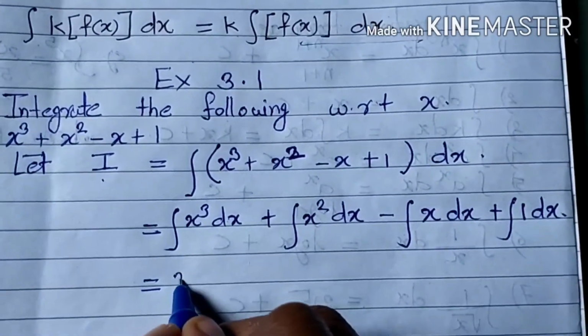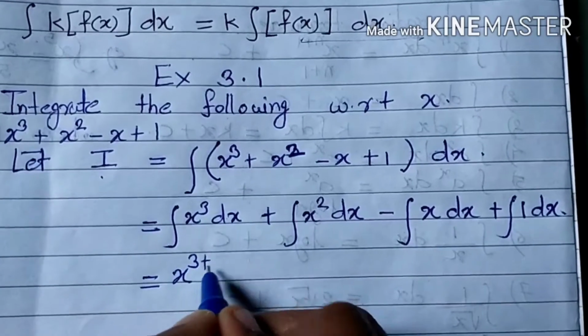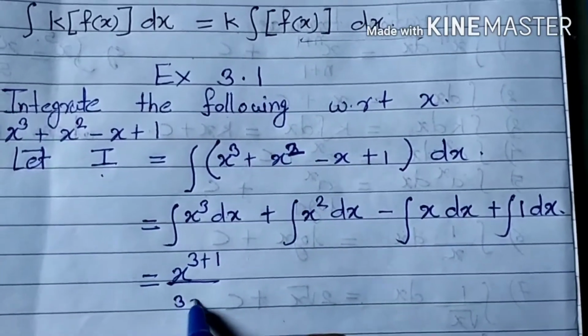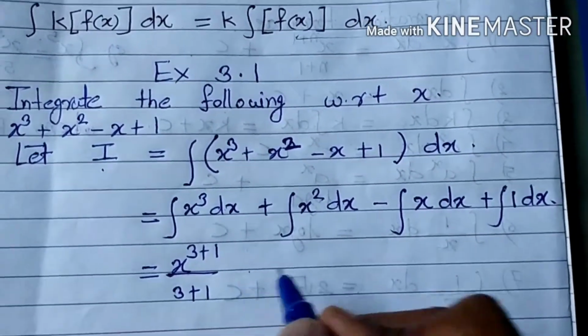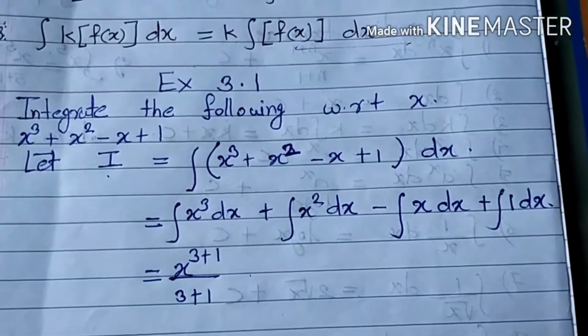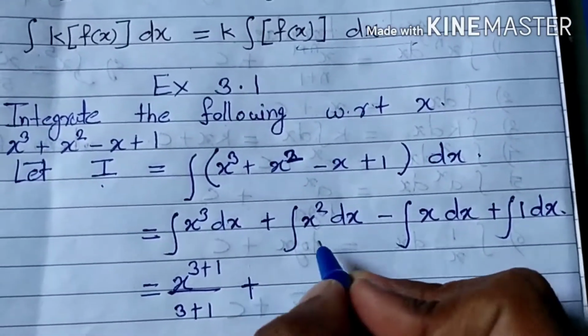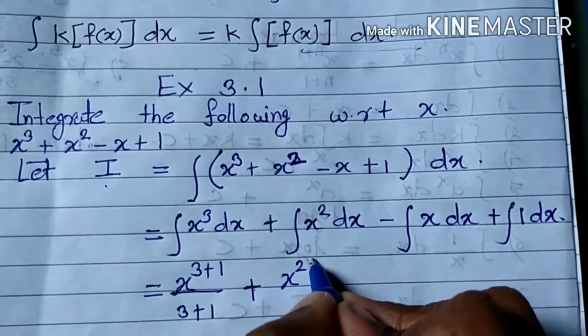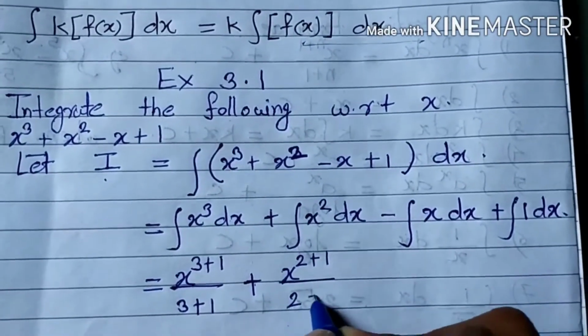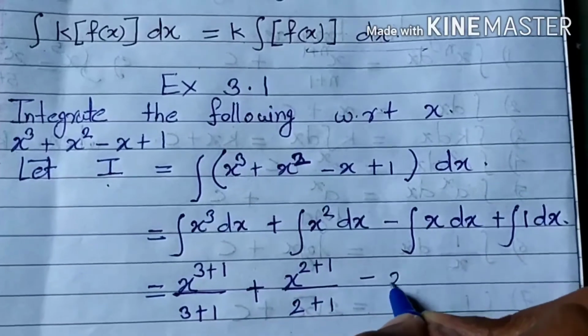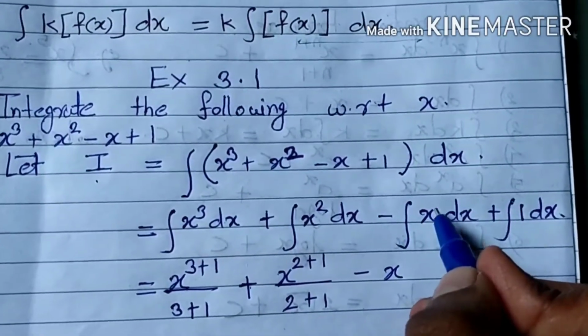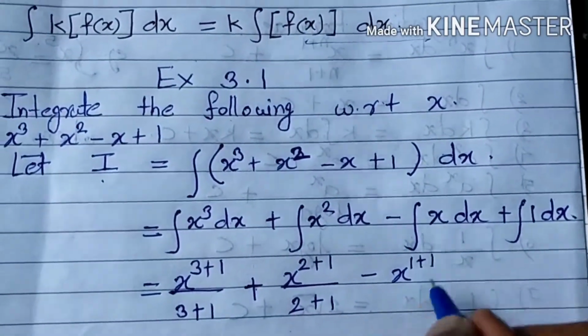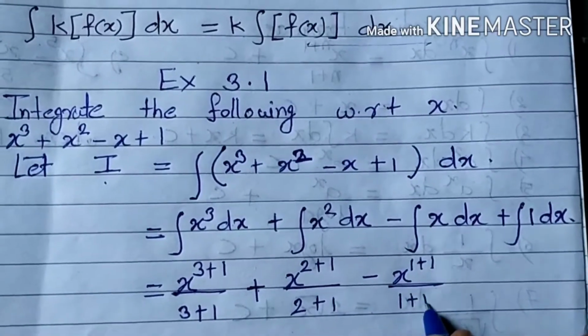So it is x raised to 3 plus 1 upon 3 plus 1, plus c we can take at once. Integration of x square is x raised to 2 plus 1 upon 2 plus 1, minus x raised to, here power is 1, so 1 plus 1 upon 1 plus 1.